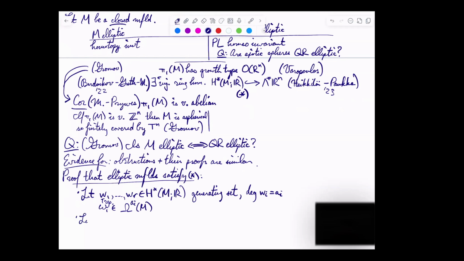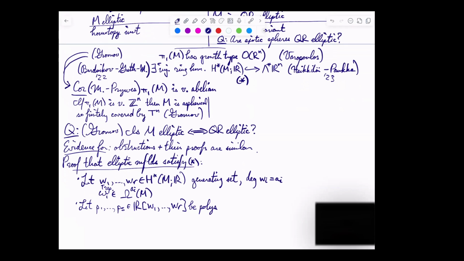And then take polynomials that give enough relations for this cohomology ring. Or I guess this is not a polynomial ring, right?